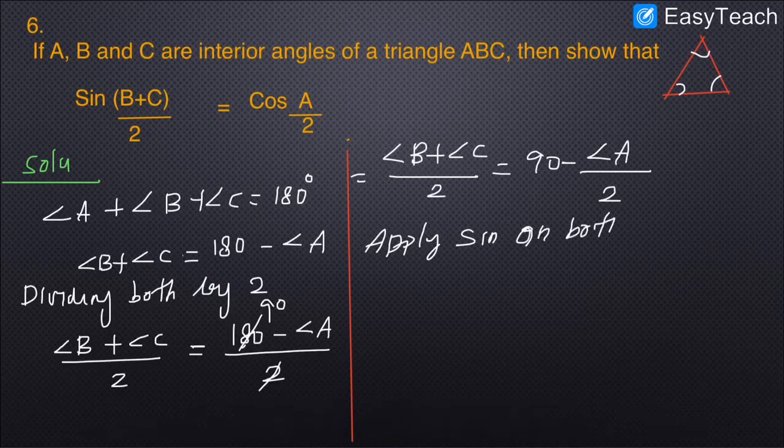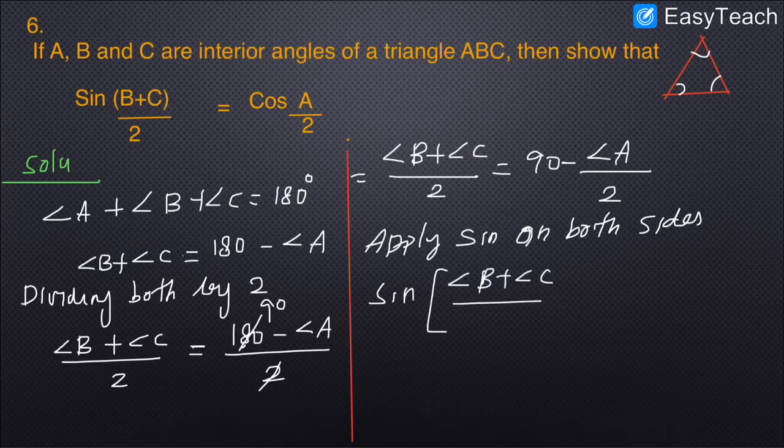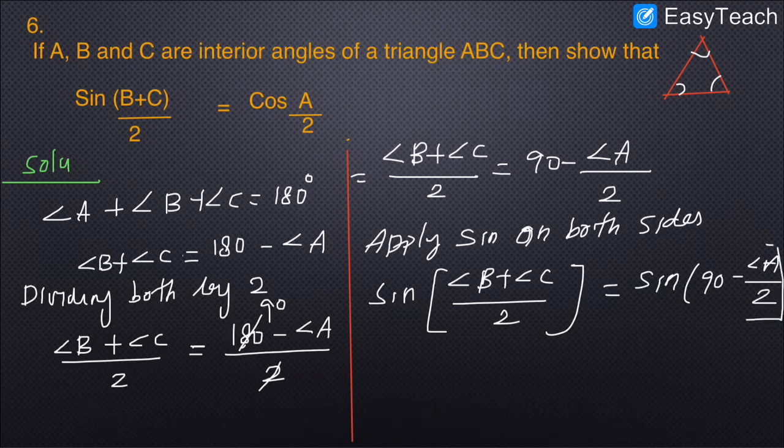Actually, when you apply the sine, you can remove the word angle. No need to put this angle. I hope you come to know what I am going to do in the next step. Yes, taking complementary angles. So, sine (B plus C) by 2 here, and on the other side sine 90 minus theta is cos theta. So, cos A by 2. We just verified, or we just proved.